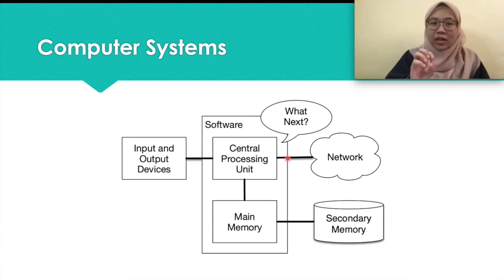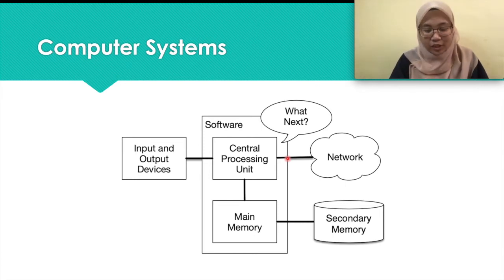Now, while your central processing unit is processing all these requests from us using the input and output devices, they might need some information in order to attend to our request. Where they get this information is from the main memory. The main memory works as quickly as the central processing unit because it wants to keep up with it.